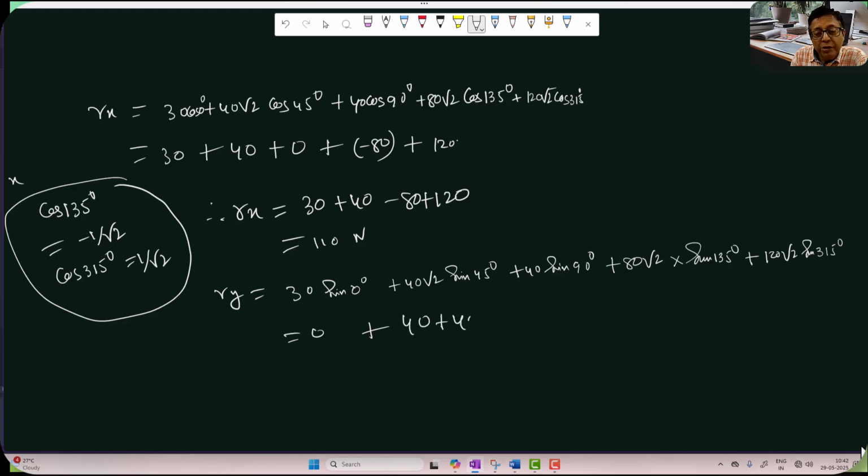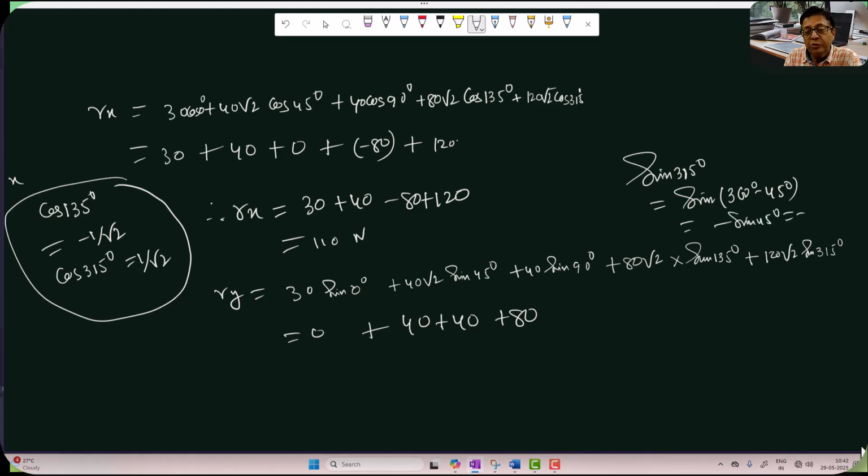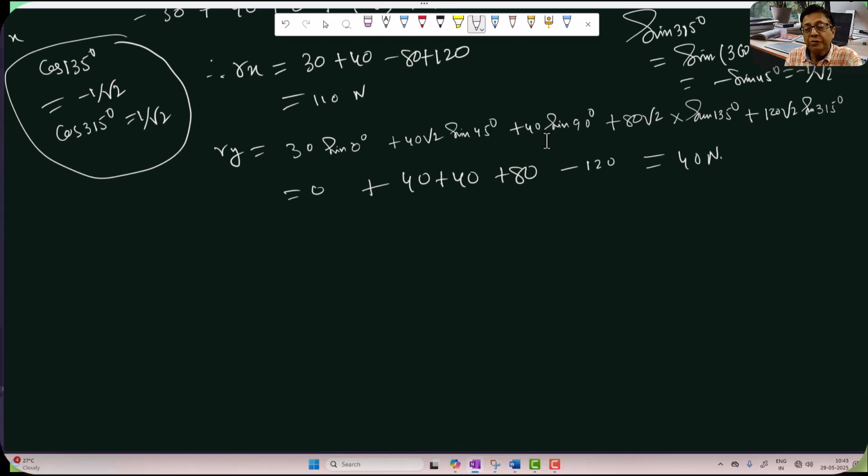This is 0, this is 40, 40, this is 1 by root 2, 80, and this is minus 1 by root 2. Sine 315 degree is, okay, so this will be minus sine, that is minus 1 by root 2. If you put it there, this is going to be minus 120. So this is nothing but 40 Newton only.